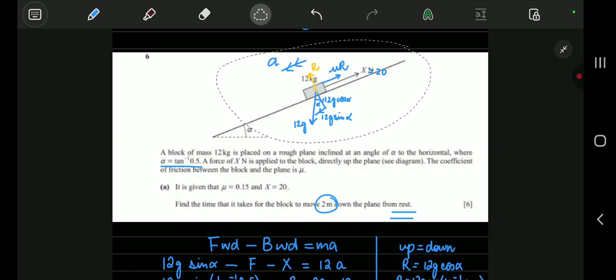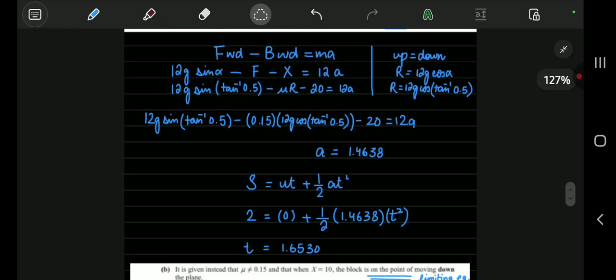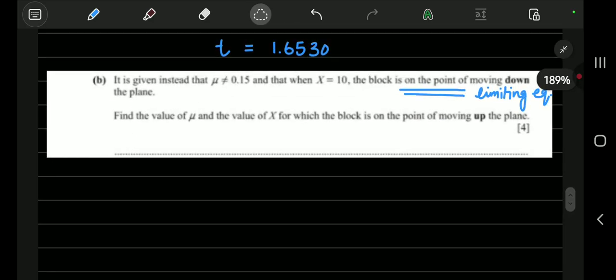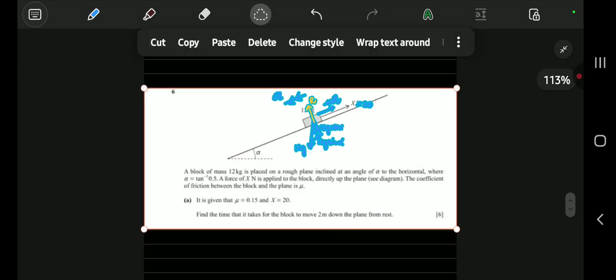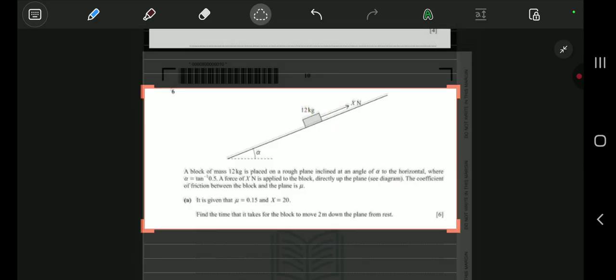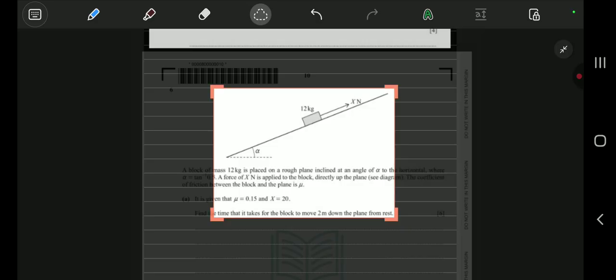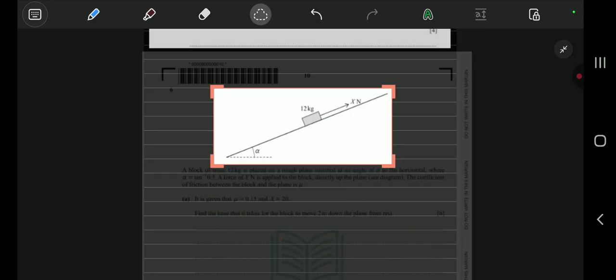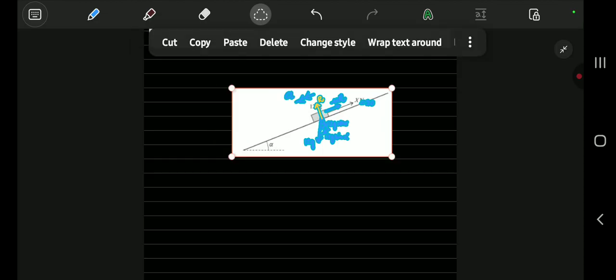Actually for it I need the same, because now again the body is about to move down, so it means we will be taking the same mu r, the directions will be the same because the body is about to move down.